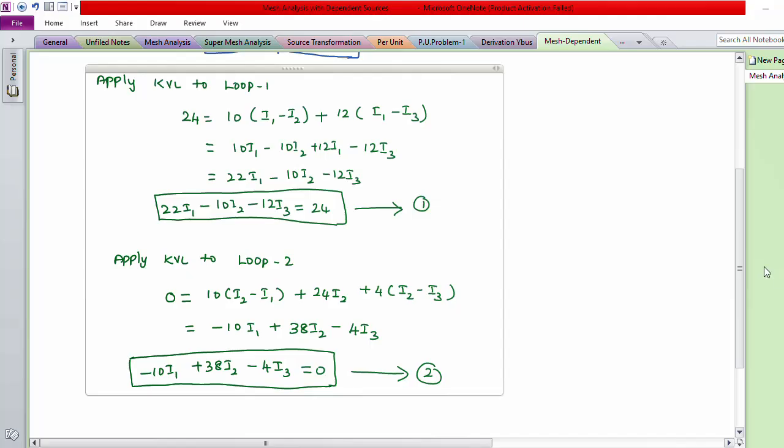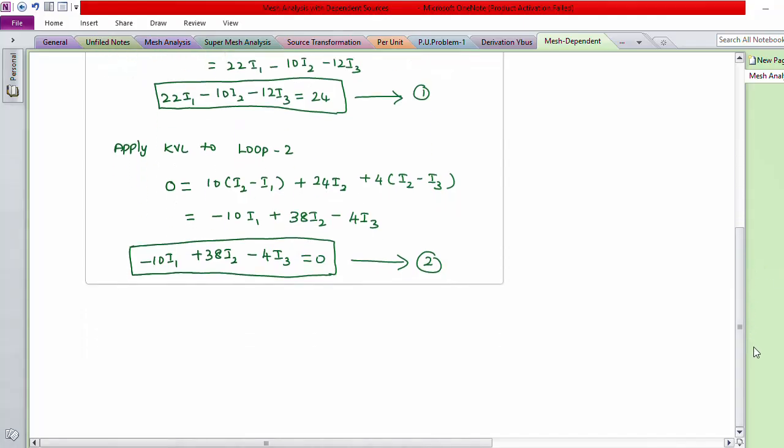Now, similarly, we can apply the KVL to loop 3. Again, we have to check whether any voltage source is connected in loop 3. Yes, in this case, the voltage source is connected, that too a dependent source. So, we have to check what type of dependent source it is.